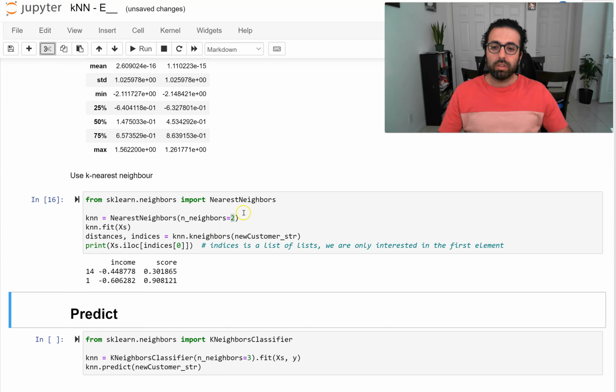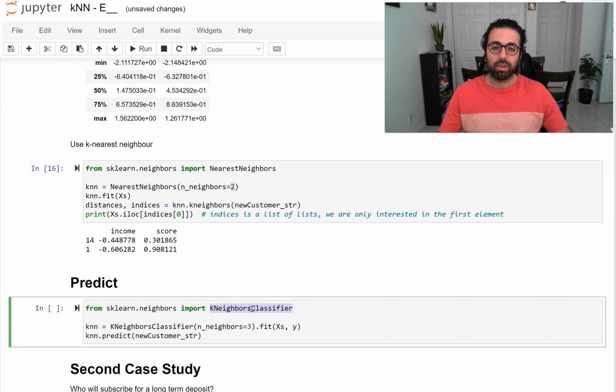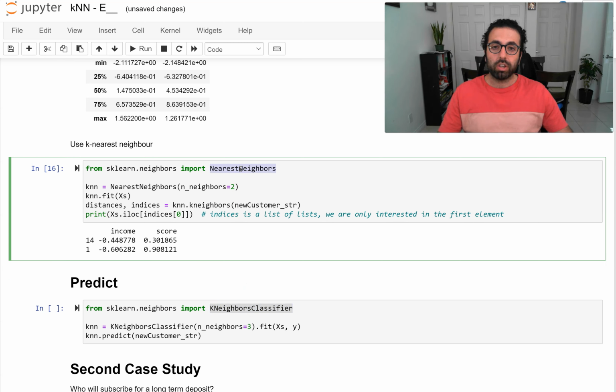And now that we did see the neighbors, we can also use another function, which is Nearest Classifier. This is a different function. Nearest neighbors only finds you the nearest neighbors.